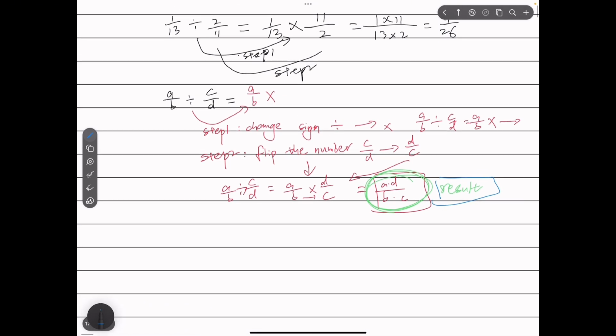So that's everything about the math operations for fraction numbers. We have the subtraction, the addition, the multiplication, and the division.